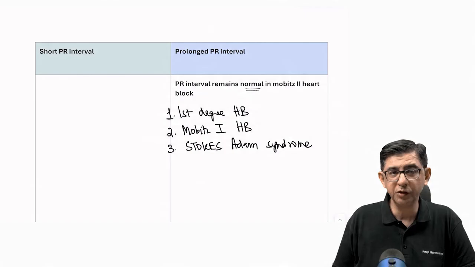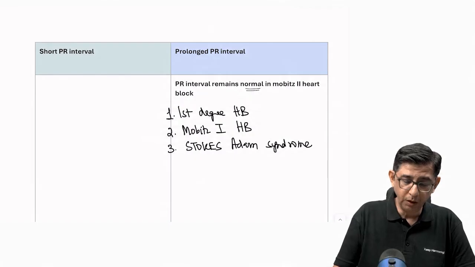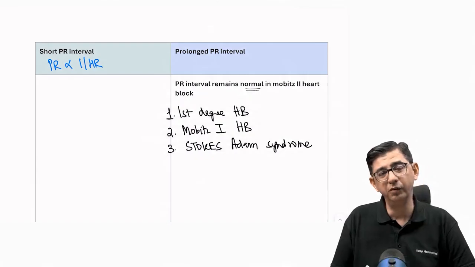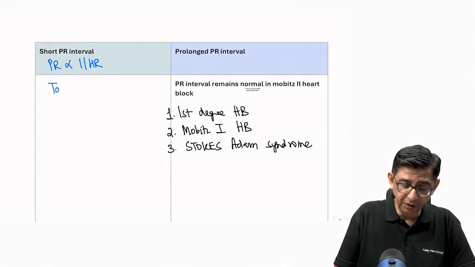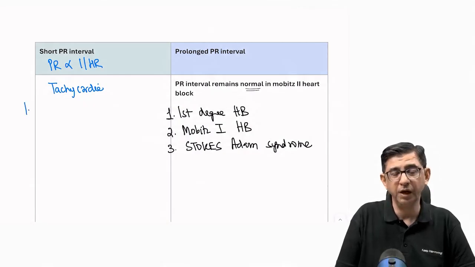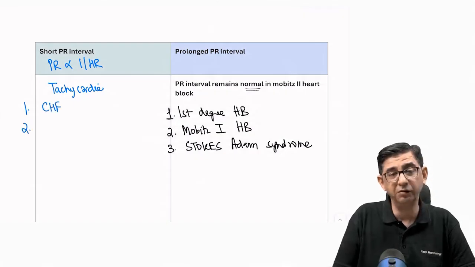Now the opposite of this would be a short PR interval, which will be seen in tachycardia. Though I've explained this earlier, PR interval has an inverse relation with heart rate. So short PR interval will be seen in tachycardia. What are the conditions where the examiner would like to describe tachycardia? Tachycardia is one of the early examination findings of congestive heart failure.